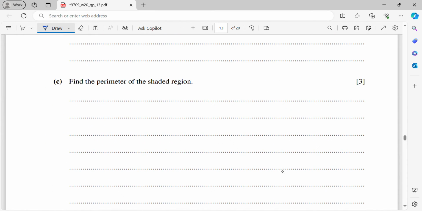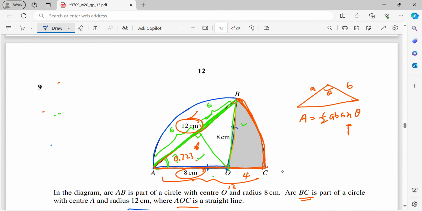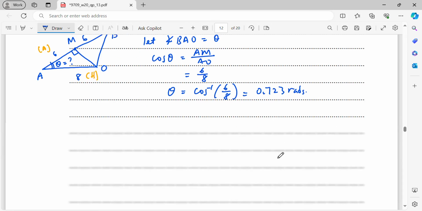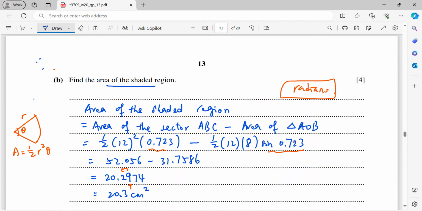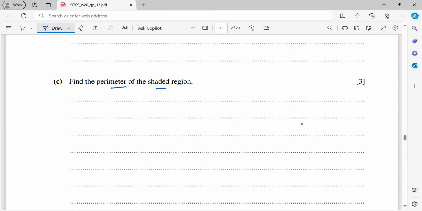Now next, find the perimeter of the shaded region. Refer back to the diagram. The perimeter of the shaded region is basically OC, here, plus OB, which is 8, then plus the arc length of BC. For the sector, the arc length is theta r. So this one is very simple, a straightforward question. Or probably I will just solve all together, because it's only 3 marks.